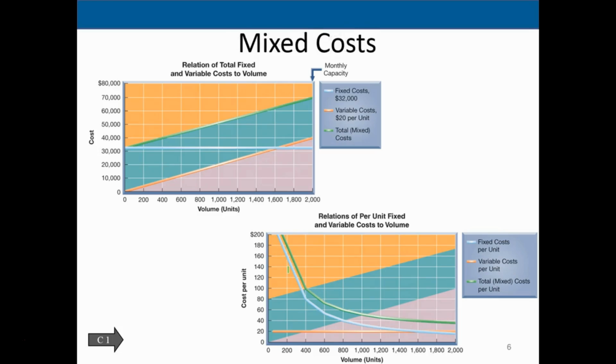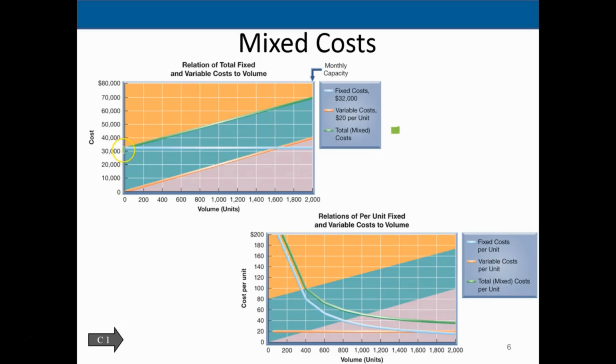And then the last thing we have is the idea of mixed costs, or well, this isn't the last thing, but we have the idea of mixed costs, which will have a portion of variable costs and a portion of fixed costs. So, for example, in this case, we have the total cost represented by the green line. Notice that the green line starts at this jump.